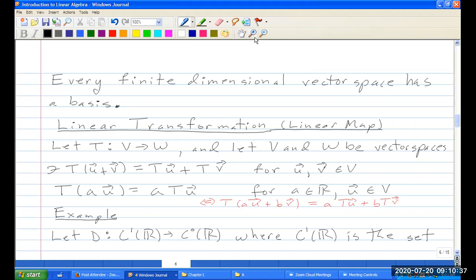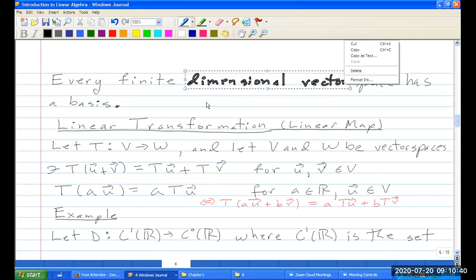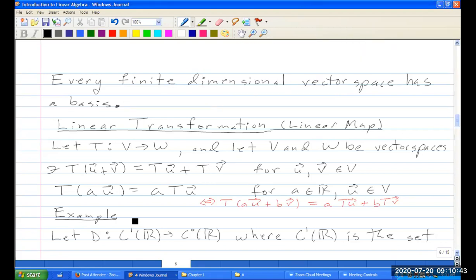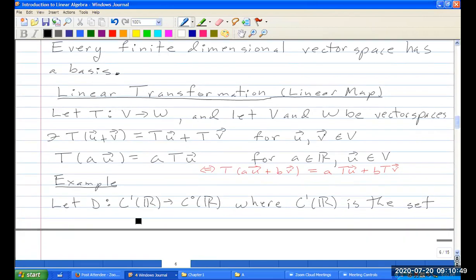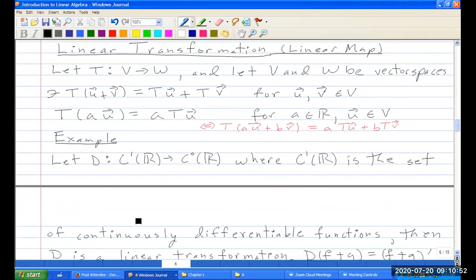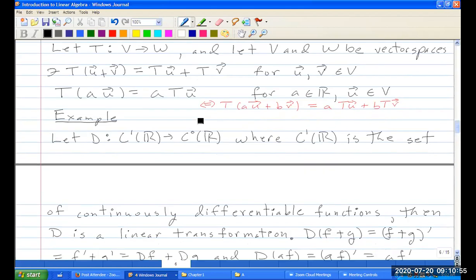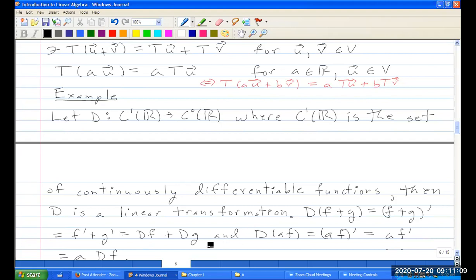Okay, so let D go from C1 to C0, where C1 is the set of continuously once differentiable functions, and C0 is the set of, well, zero differentiable, meaning just continuous functions on R. Then D is a linear transformation, where I define D as, I didn't tell you what D is.